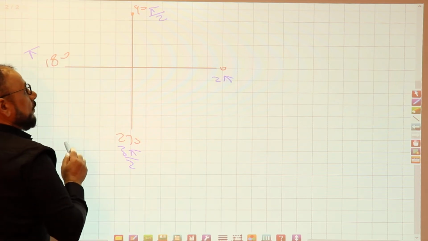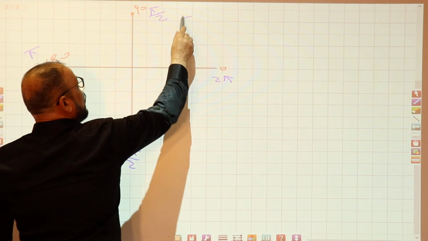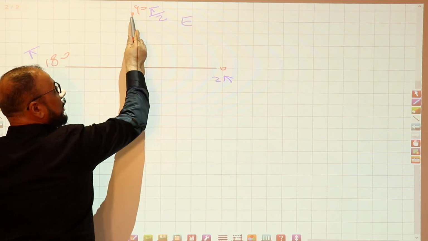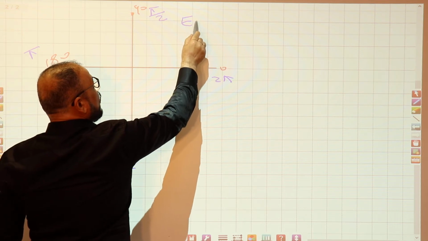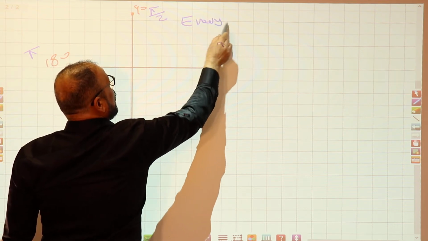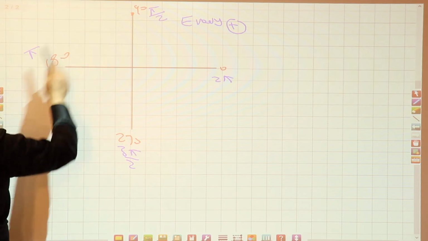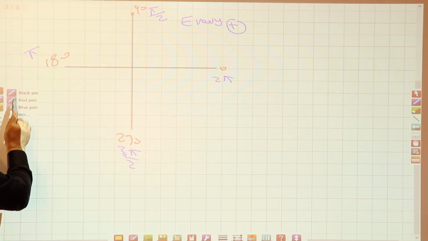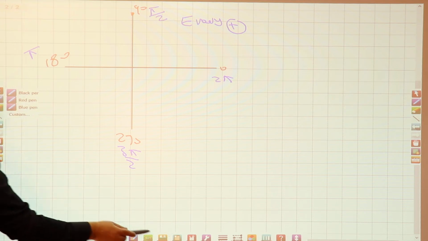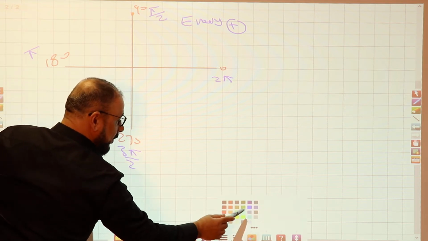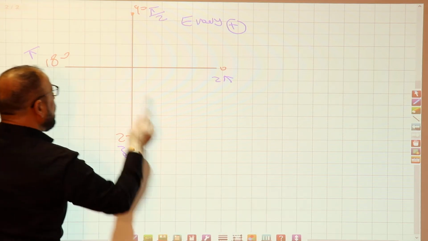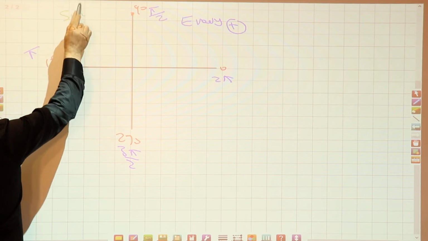Now, everything here is positive. Any angle between 0 and 90 has everything positive. In the second quadrant, between 90 and 180, only sine is positive.